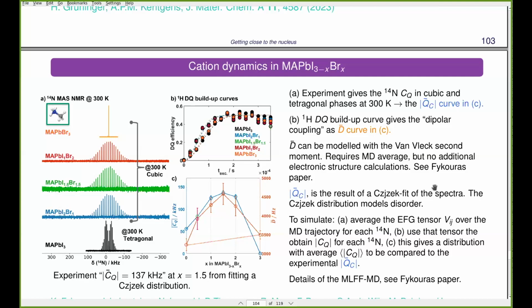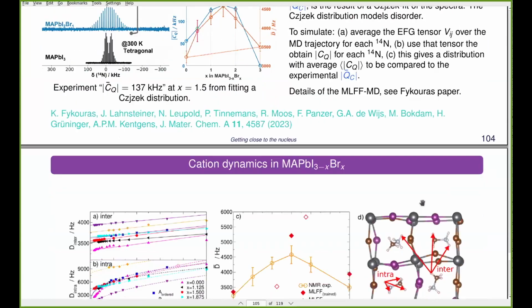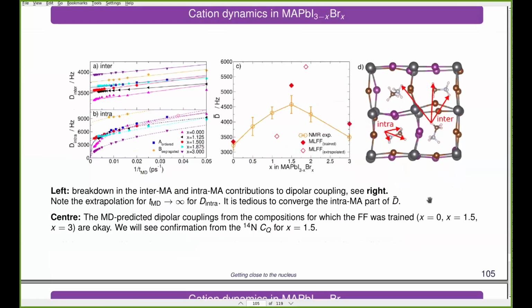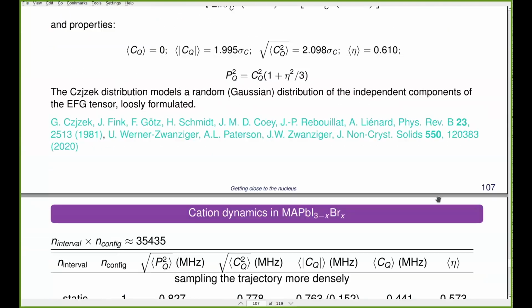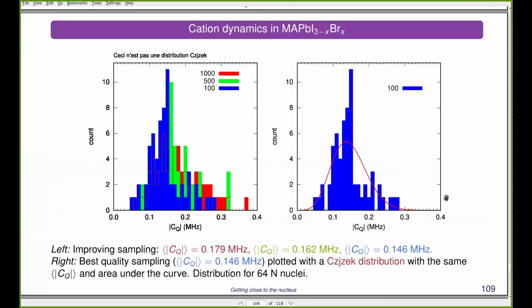So for one nitrogen, you get this whole range, you average them. For the other nitrogen, you do the same trick again. For another nitrogen, you do the same averaging again. In this way, with 64 nitrogens, you get 64 average nitrogen tensors, and you can calculate their distribution and compare that to experiments. And then finally, you get such a result.